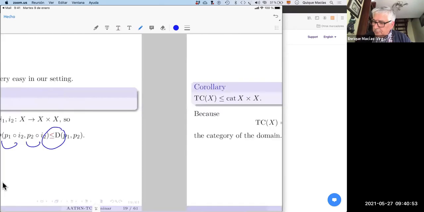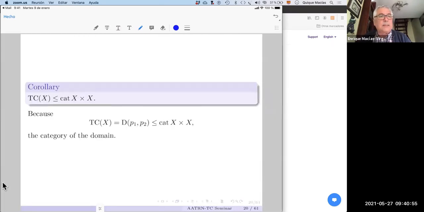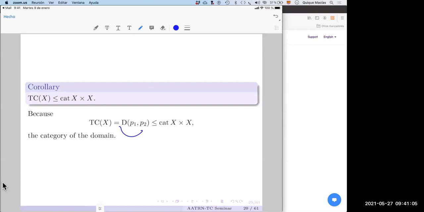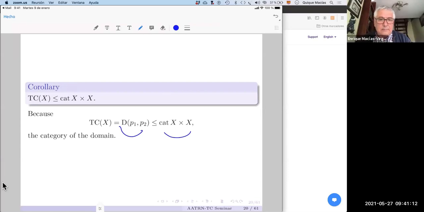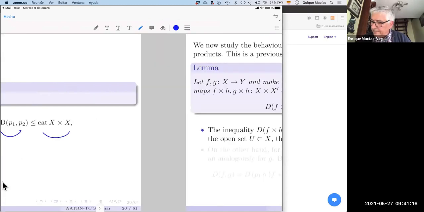And if you want to prove, for instance, that the topological complexity of X is bounded by the category of the product, you just take the definition, and this distance is less than or equal to the category of the domain. So it is a very good language to do easy proofs.